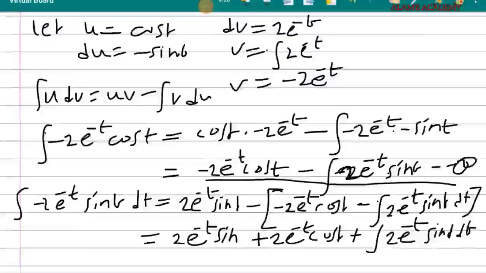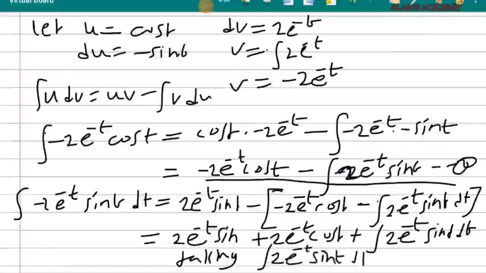Okay, so taking this one, that is this side, across the equal sign to meet what is on the other side, we will have negative, let me write it before we add.